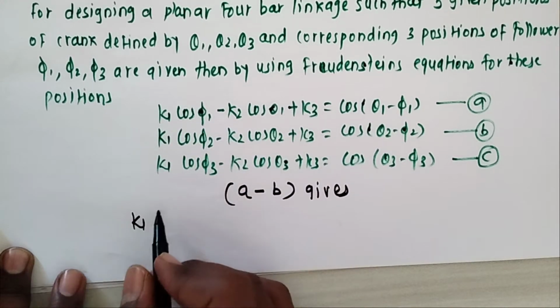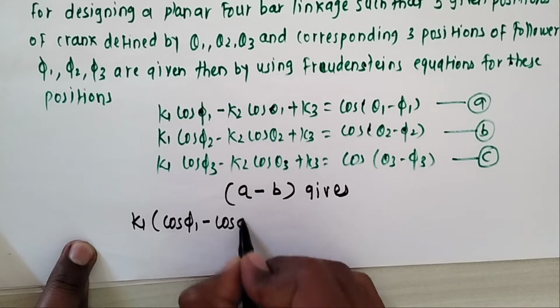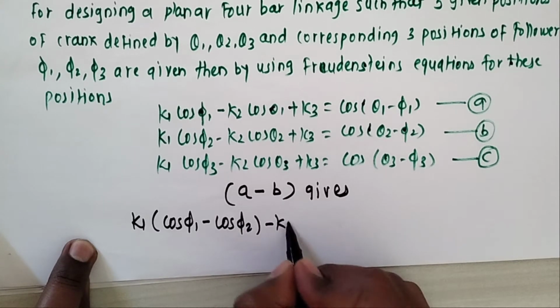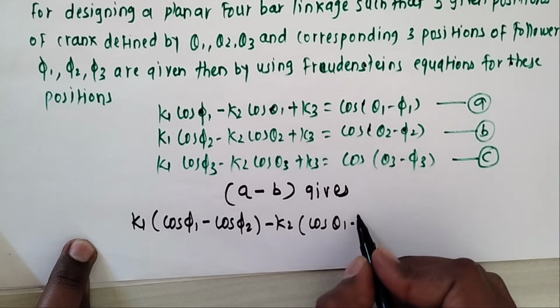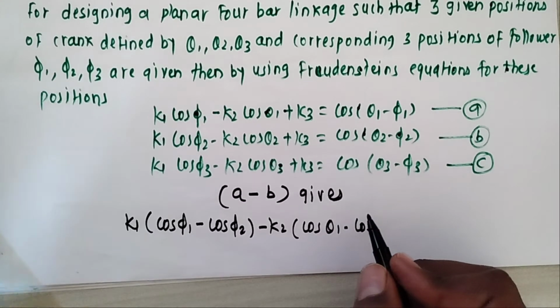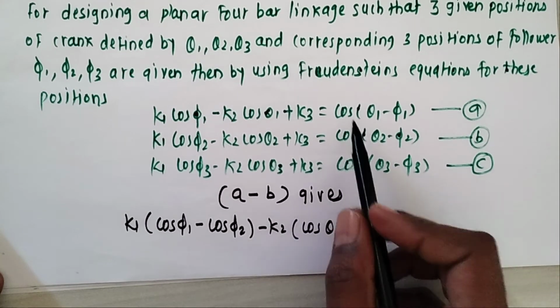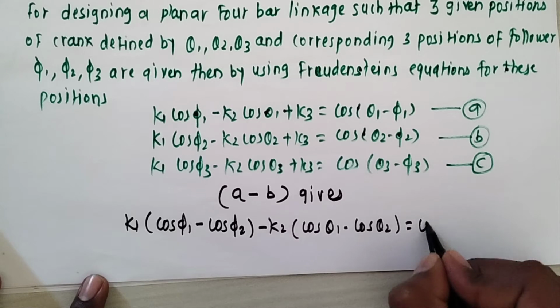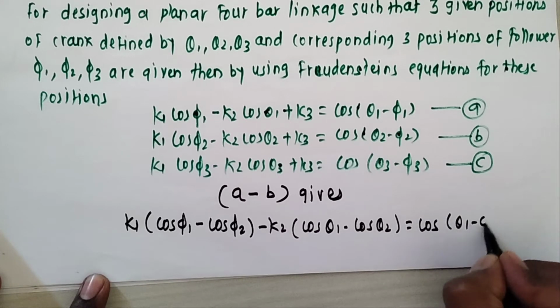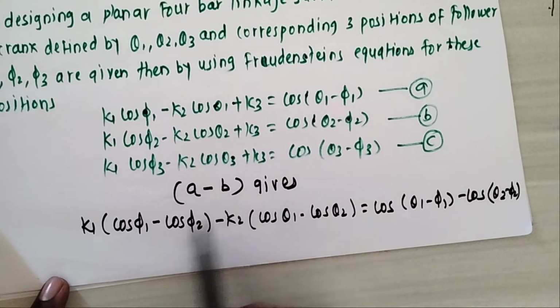So it is K1 of cos of phi 1 minus cos of phi 2, minus K2 into cos of theta 1 minus cos of theta 2, and here it is equal to cos of theta 1 minus phi 1 minus cos of theta 2 minus phi 2. So A minus B gives us this equation.